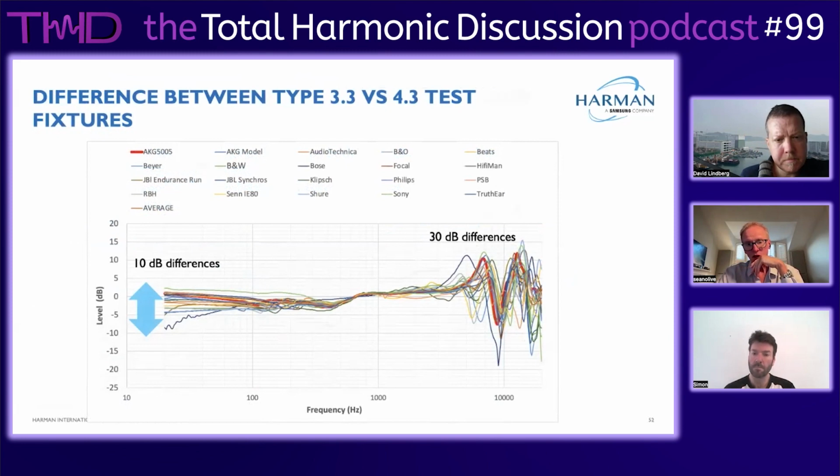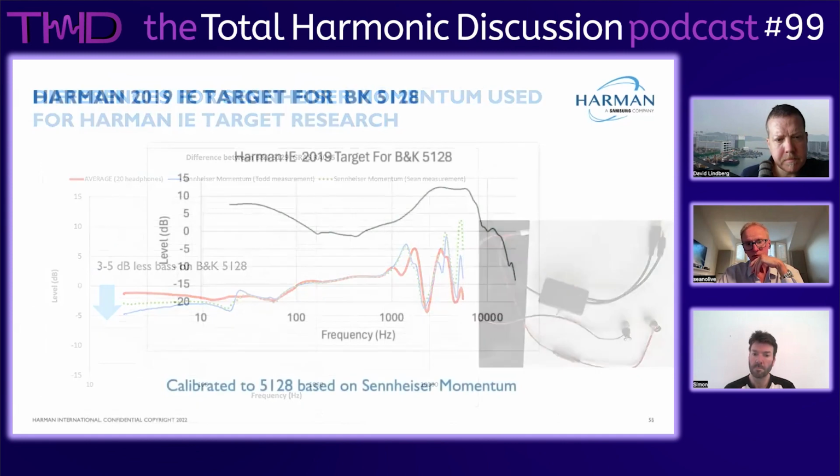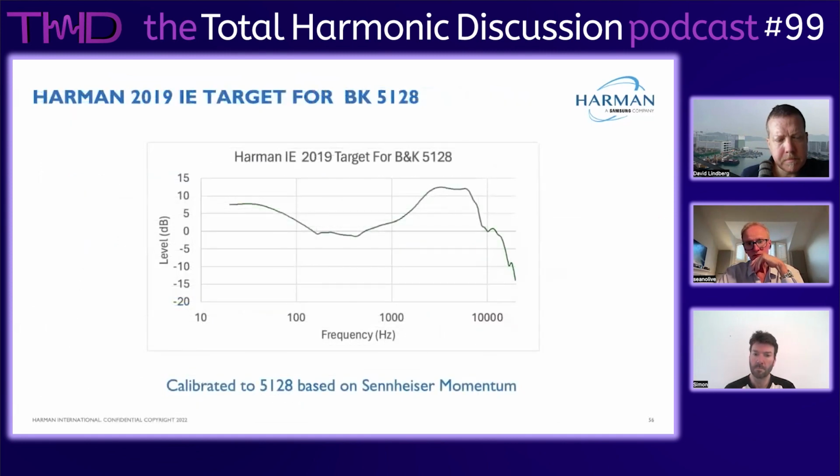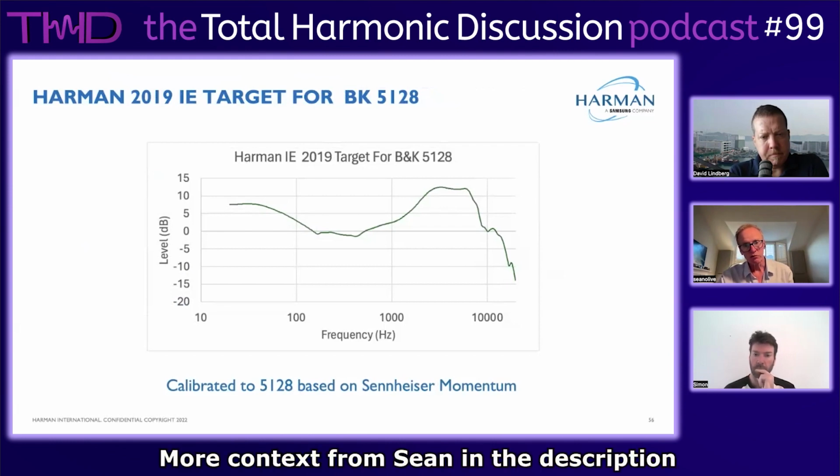So if you look at the current Harman target curve, this is the old curve translated on the 5128. And if you go into a room and measure the same speakers with a 5128, you'll see more treble. So what we've been working on lately is a target curve defined for this new test fixture. And we believe it'll more accurately represent what a human would hear sitting in the room listening to the speaker.